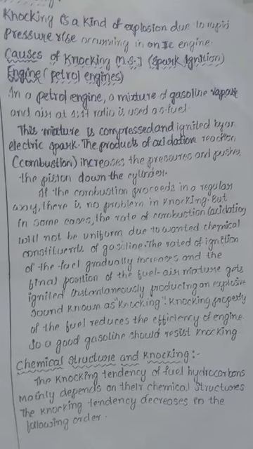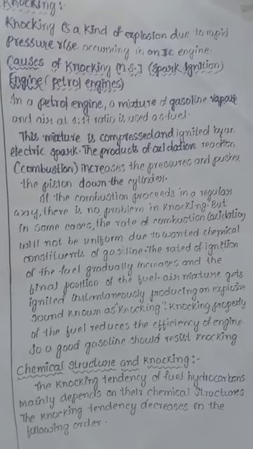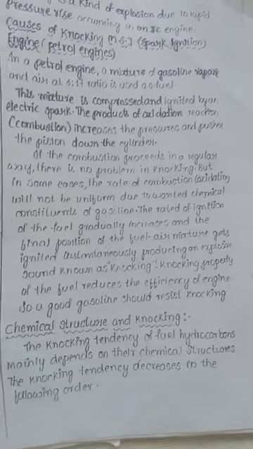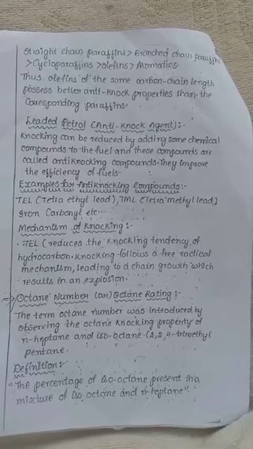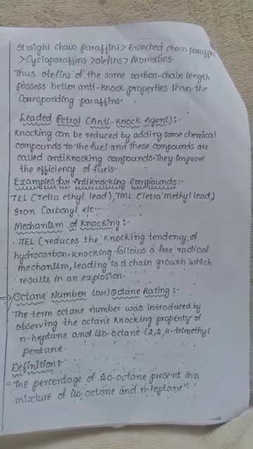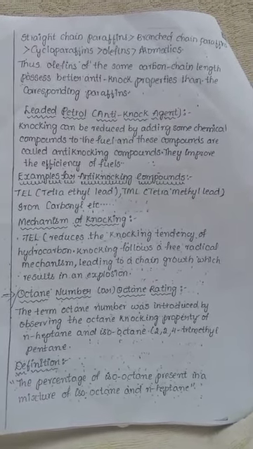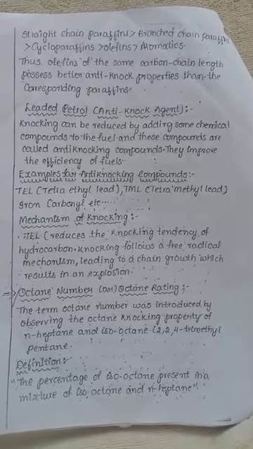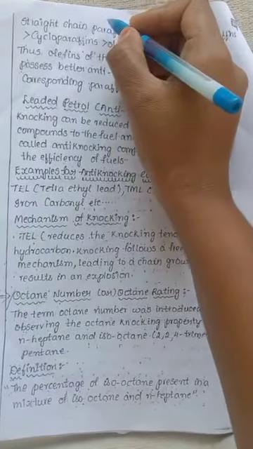The knocking tendency of fuel hydrocarbons depends on their chemical structure. The tendency decreases in the following order: straight chain paraffins greater than branched chain paraffins greater than cycloparaffins greater than olefins greater than aromatics. Straight chain paraffins are alkanes, single bond compounds in straight chain format.